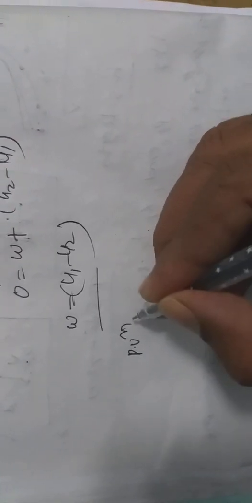So the adiabatic process can be expressed as PV^n equal to constant, such that the index n will satisfy the condition Q equal to 0.